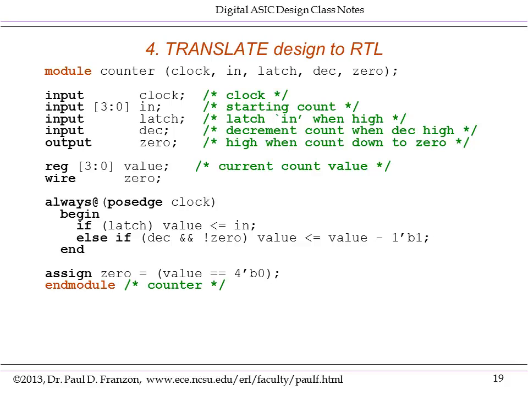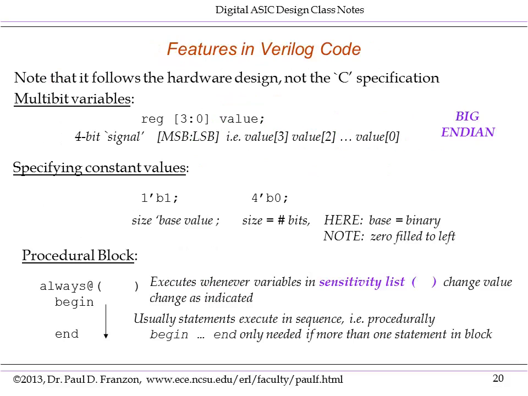So that's what this design looks like in RTL. Just a few notes on this before looking at it from some different angles. Again, multi-bit variables are specified using the structure shown on the top here. Here we have a 4-bit wide signal.